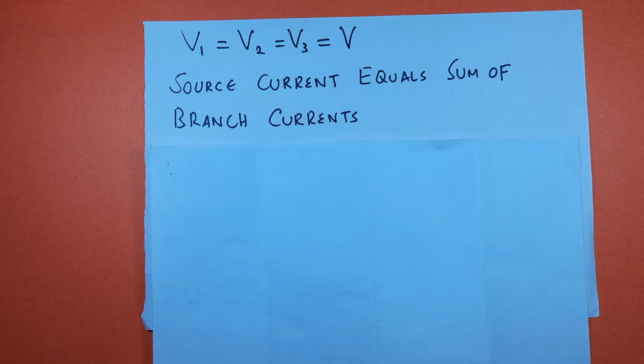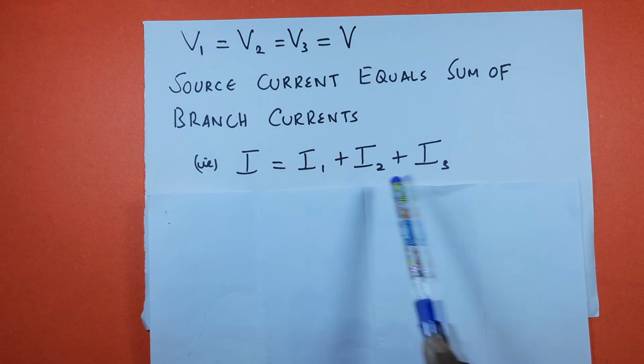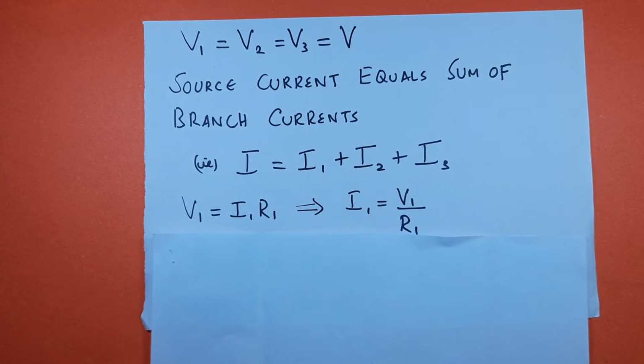This is very important. Source current means current coming out of the battery or the voltage source. That is, I equal to I1 plus I2 plus I3.